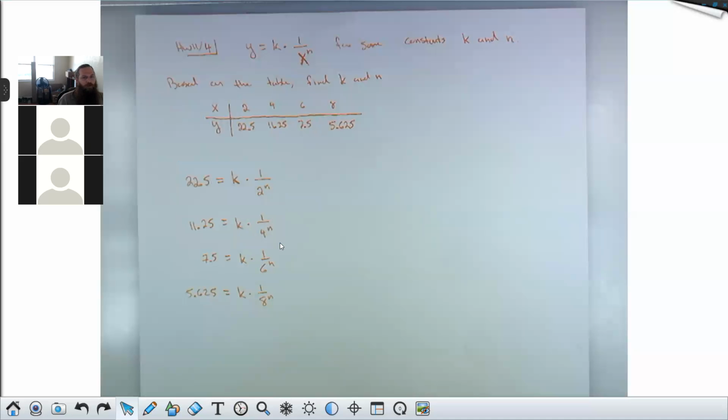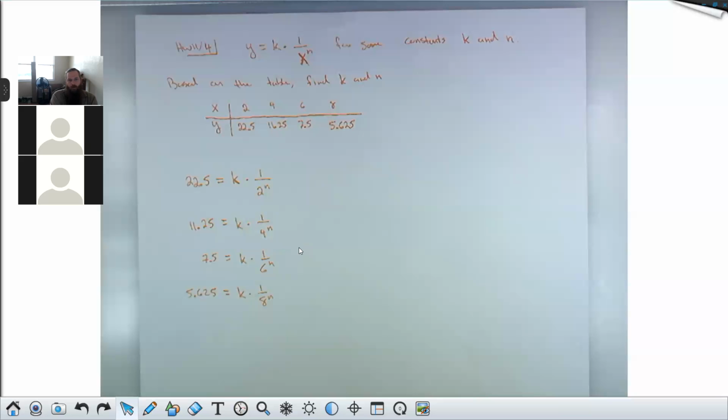One of the things I can do here is solve for one of the variables in terms of one of the others. I could try to solve this for k and then plug that in down here and see what I get.